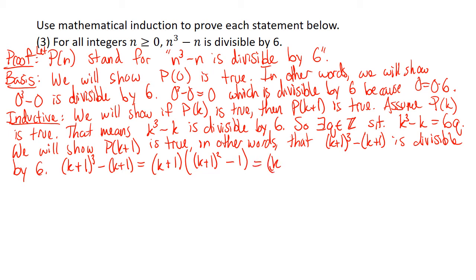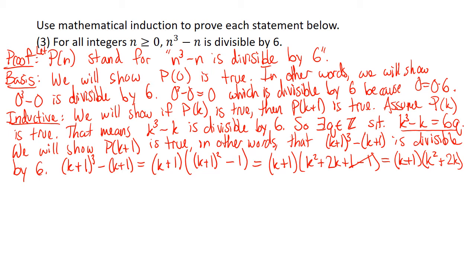So this is k plus 1. Oops, sorry. Then I'm going to square, so I get k squared plus 2k plus 1 minus 1. Those cancel. So this is k plus 1 times k squared plus 2k. Again, the only thing I have that I can really work with is that k cubed minus k is 6q.